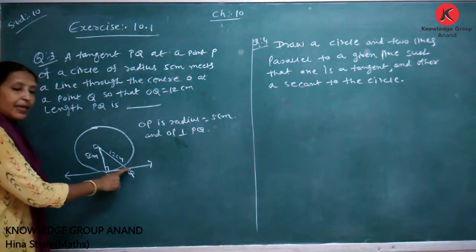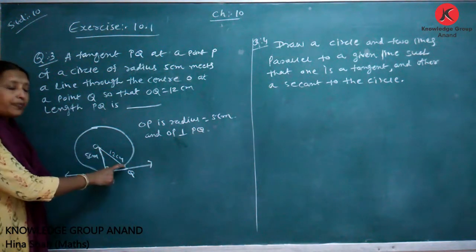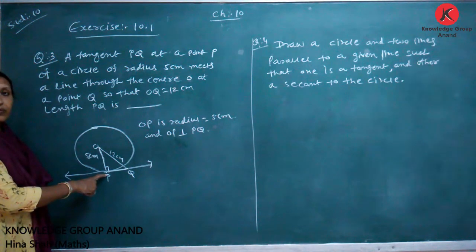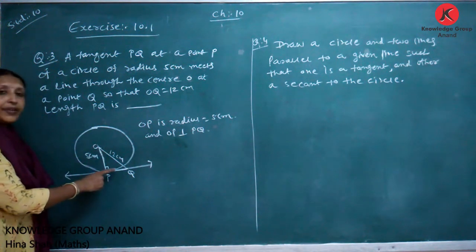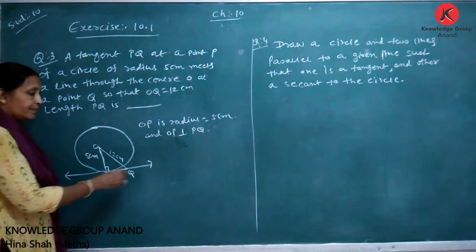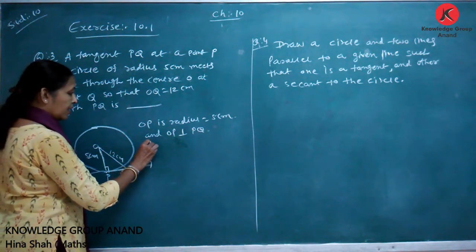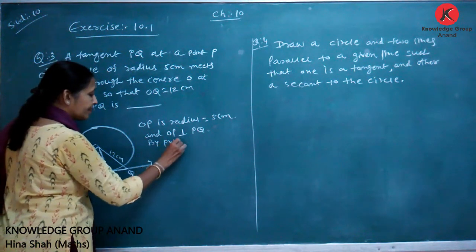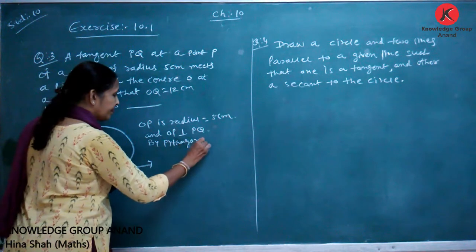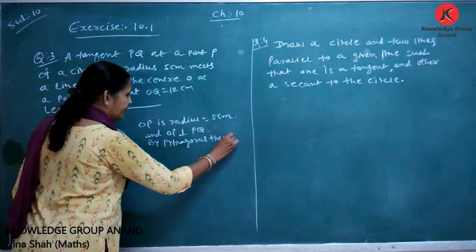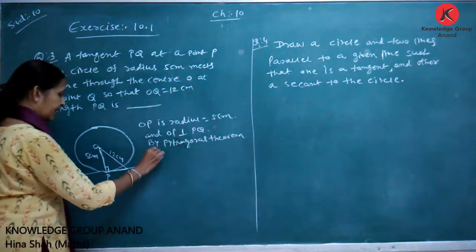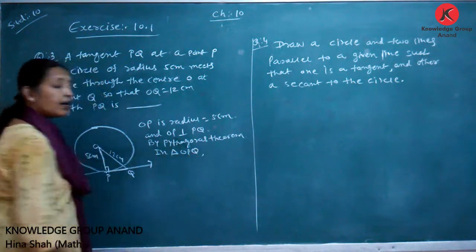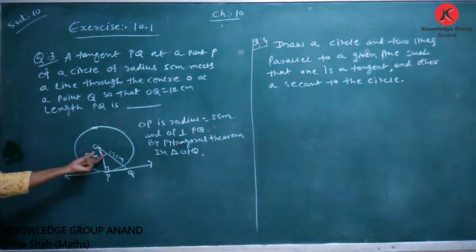In triangle OPQ, what type of triangle? A right angle triangle, because it is perpendicular. Therefore, we use the Pythagoras theorem here. By the Pythagoras theorem, in triangle OPQ, what is the Pythagoras theorem?